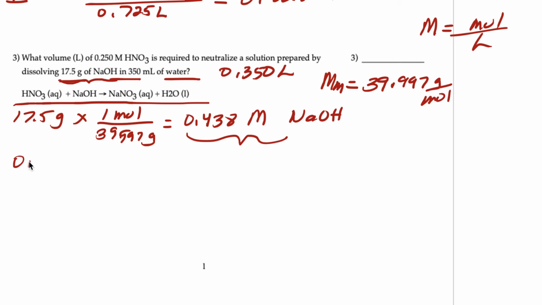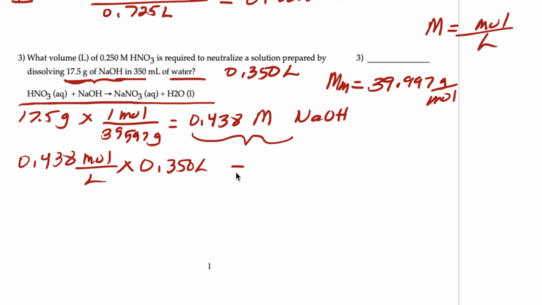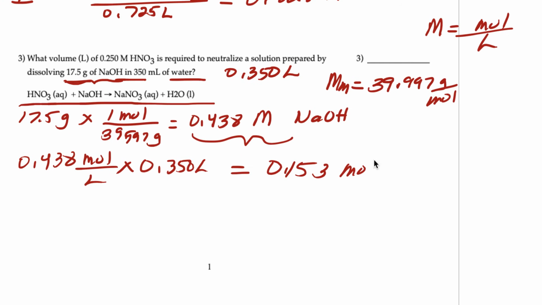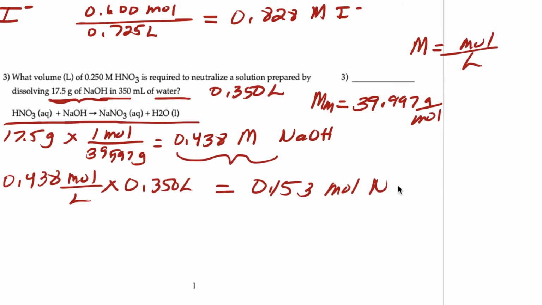We have 0.438 moles per liter, and the volume is 0.35 liters. So 0.438 divided by 0.35 is 1.25 molar.